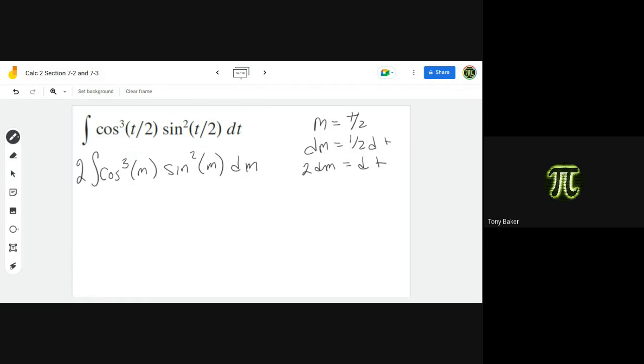So we want to use which one? For sine and cosine, it was always the odd one we split off. Yeah, I think that was a really big slide. And now we set U to, let me make one more change.